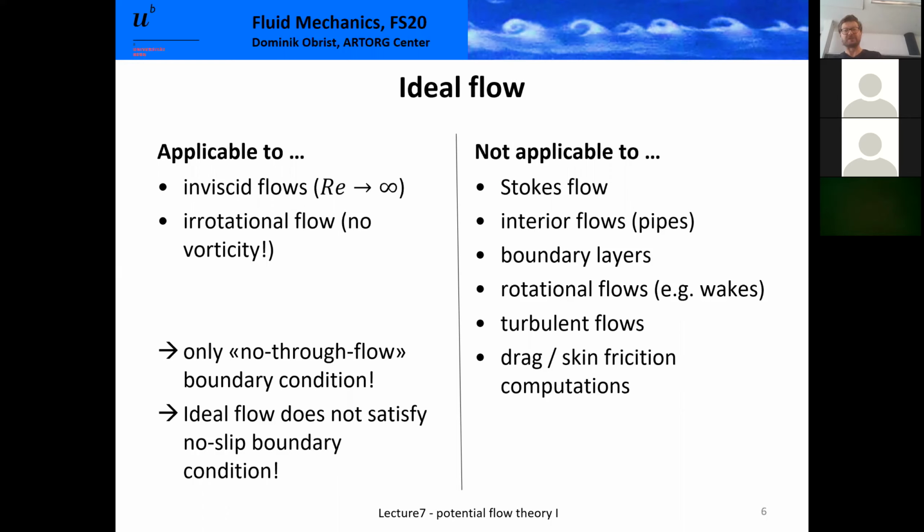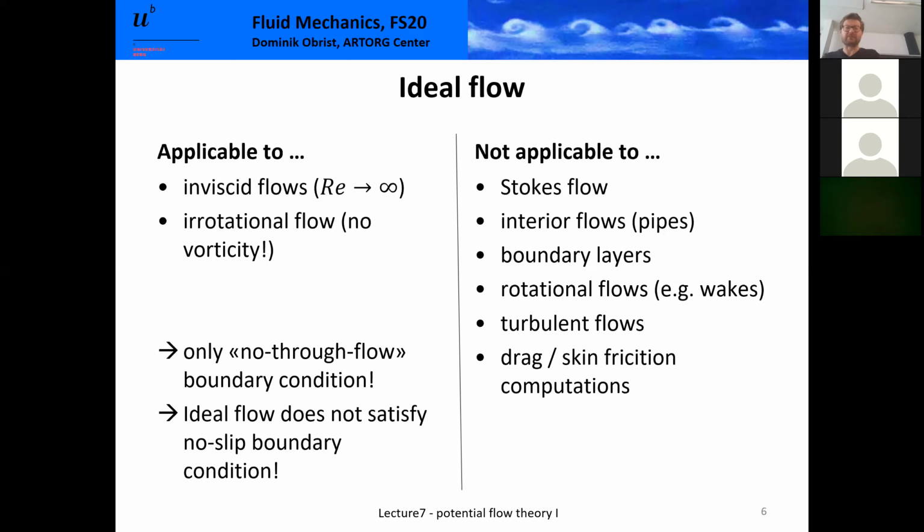Obviously, we cannot use potential flow or ideal flow theory for boundary layers. We cannot use it for highly rotational flows. Wakes, that's something we'll talk about in 2 weeks when we look at aerodynamics. Sports ball aerodynamics, for instance, where you have wakes downstream of an object. We can definitely not use it for turbulent flows also because they have a lot of vorticity.